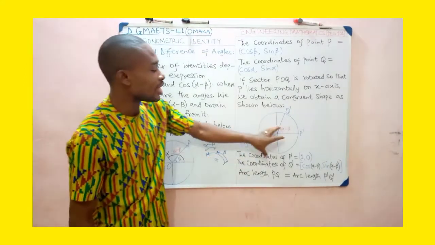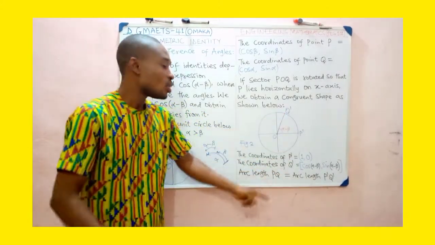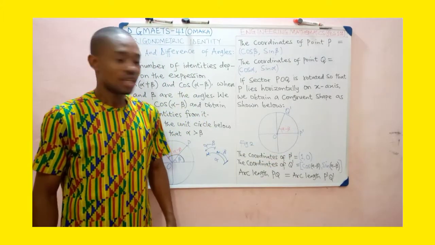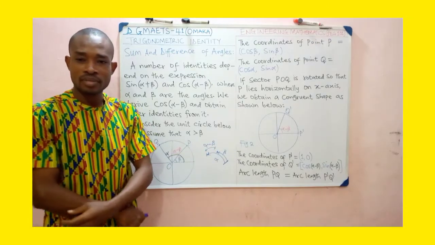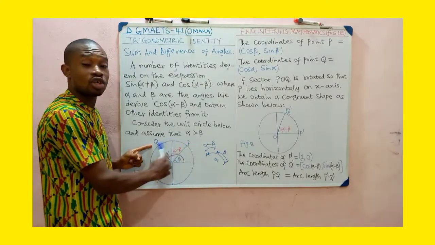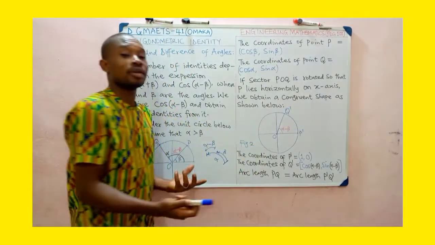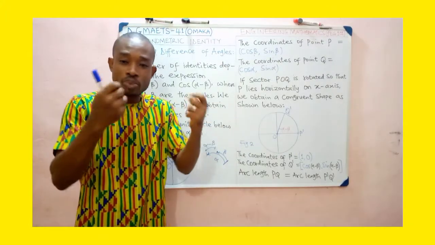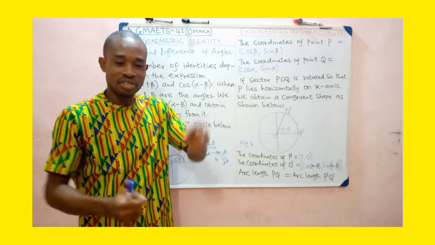And we call their new positions P prime and Q prime, where P prime is lying on the horizontal axis now. These 2 shapes are similar. We call it congruent shape. The reason why is that the arc length PQ will be equal to the arc length P prime Q prime, because you did not push the 2 points together. The 2 points remain at the same point they were. You only rotated the sector.